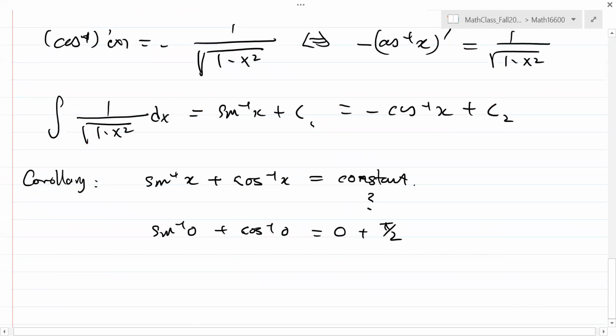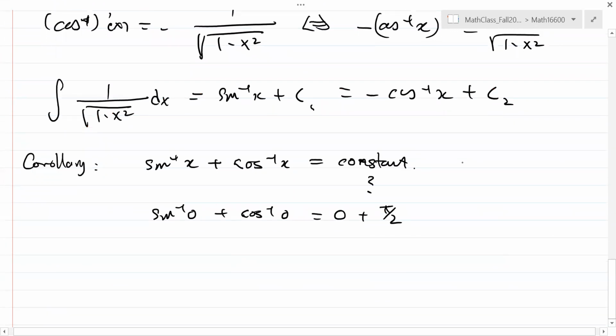So we discover that this is pi over 2. Those two functions, arc sine and arc cosine, are really not completely different functions. They just differ by a constant. If you know arc cosine x, you know arc sine x.